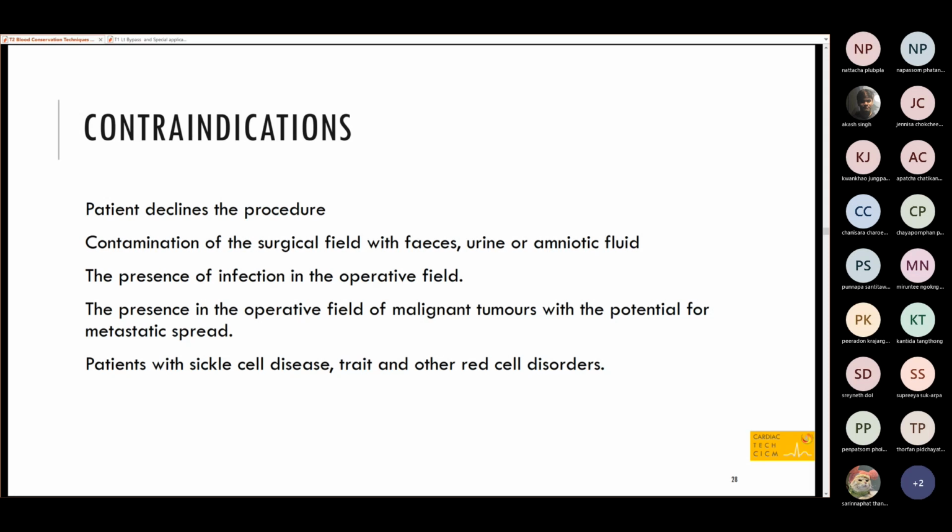So if you reinfuse that kind of cell to the patient, it will spread throughout the whole body, which is harmful for the patient. So to prevent the spread of tumor cells, we need to avoid this kind of procedure.